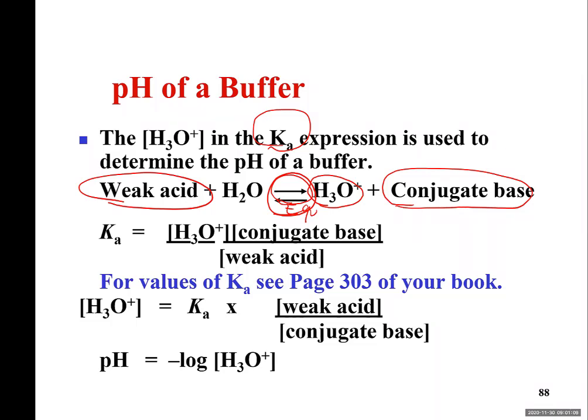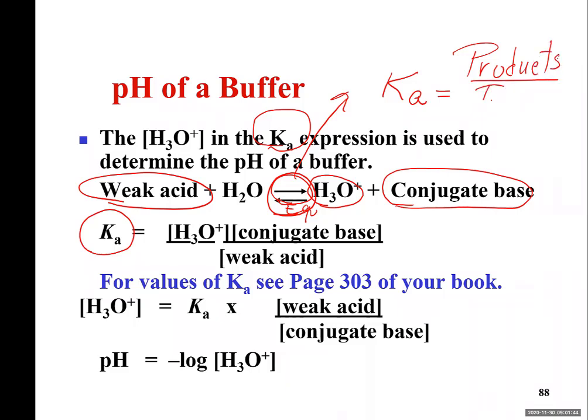So we have an equilibrium. If this is an equilibrium, the extent of it going to the right depends on the equilibrium constant, which we call K for that, because this is the equilibrium constant for acids. We call it the acid equilibrium constant, or Ka. You might remember that equilibrium constant is always defined as products on the top over the reactants.